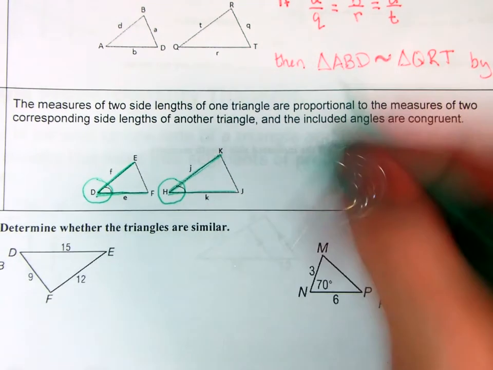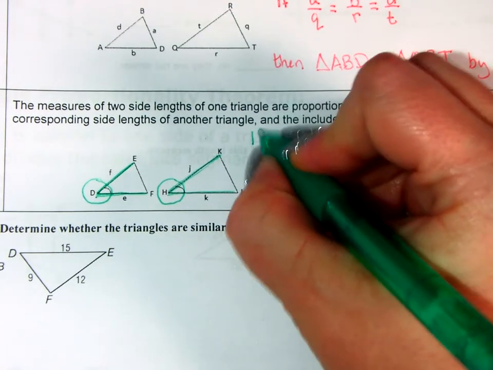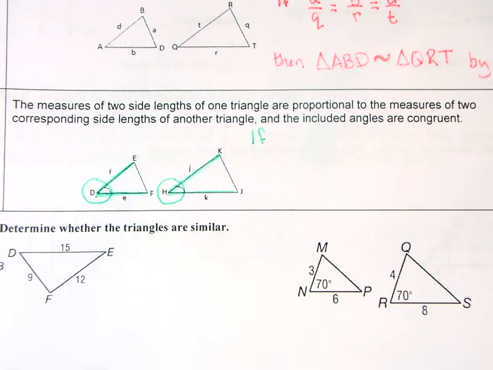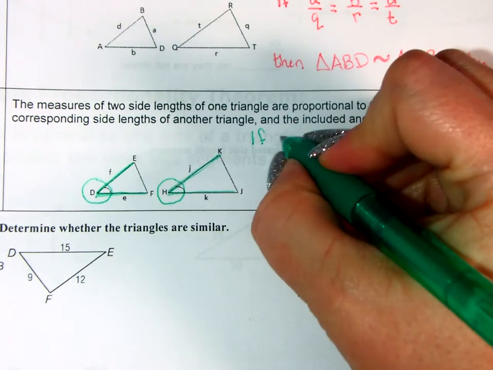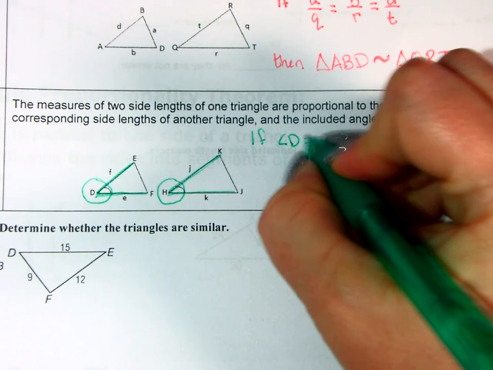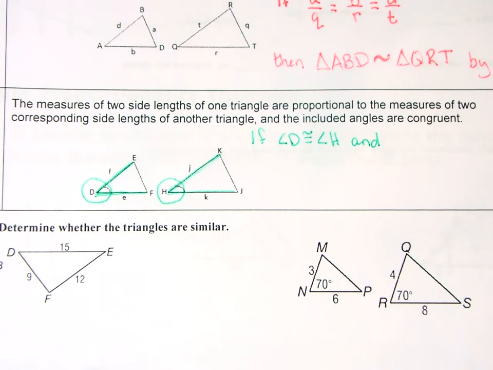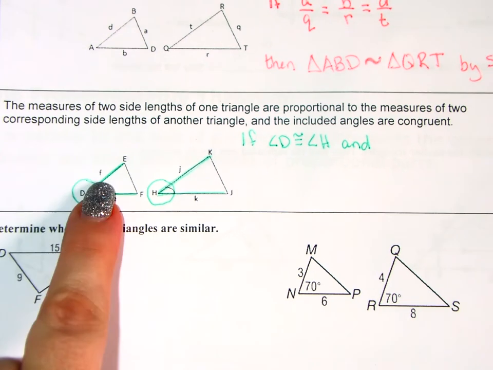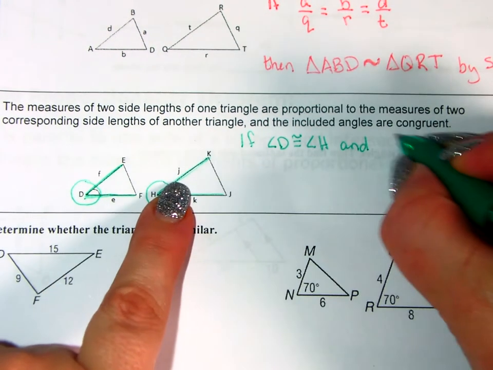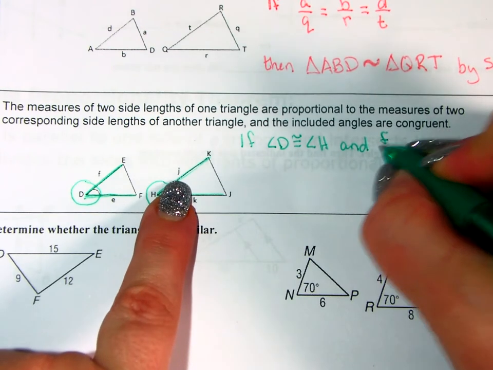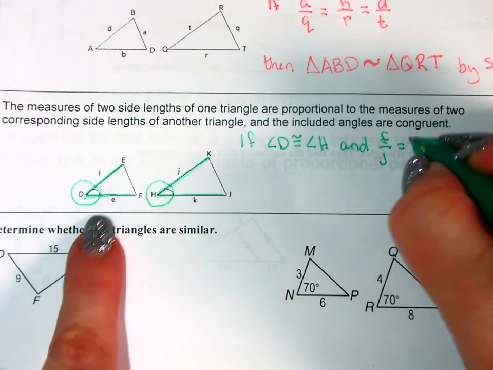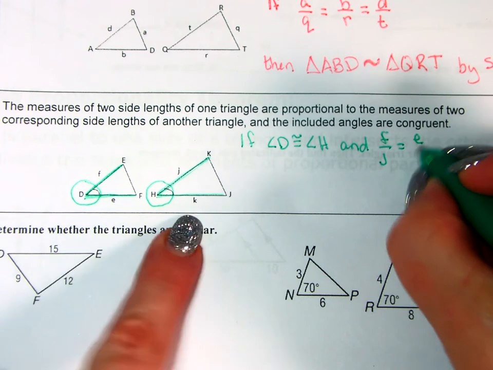So when I look at this one, we can say for sure we know D is congruent to H because they have those same arc marks. If angle D is congruent to angle H, and we have to have the two sides that come out of D and H proportional. So DF compared to HJ needs to be equal to DE compared to HK.